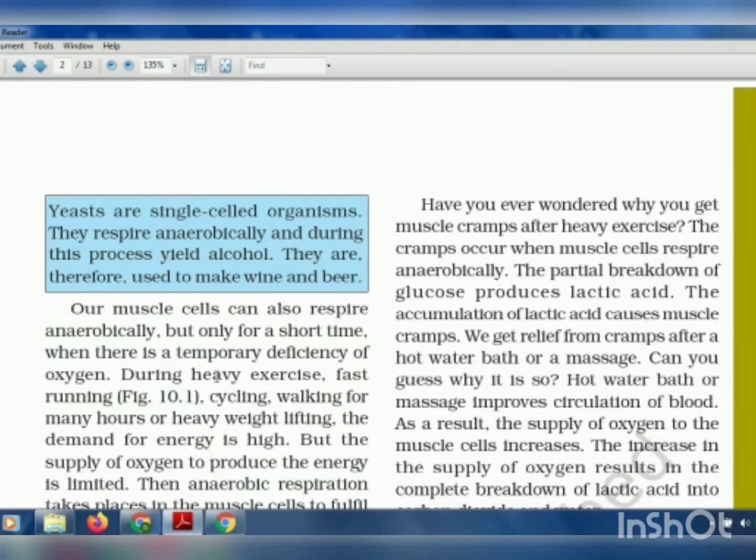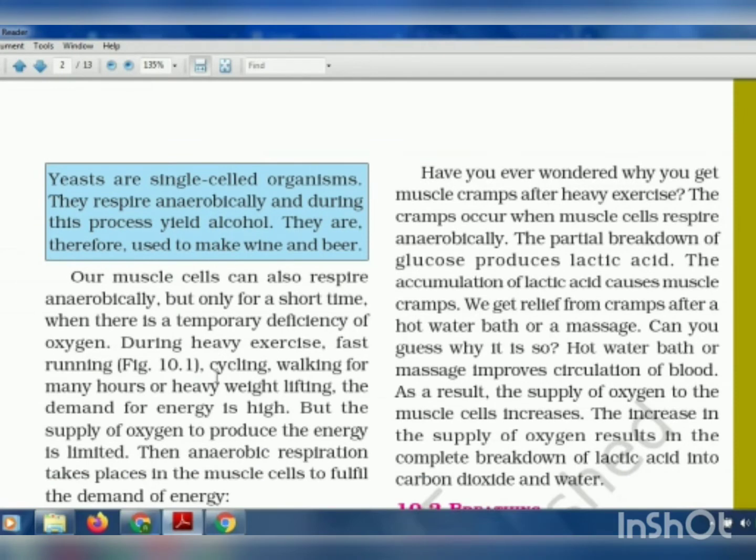Now, sometimes our muscles also do anaerobic respiration, but only for a short period of time, when there is a deficiency of oxygen, when the amount of oxygen required by our body is getting less. So when does that happen? When does our body get less oxygen?